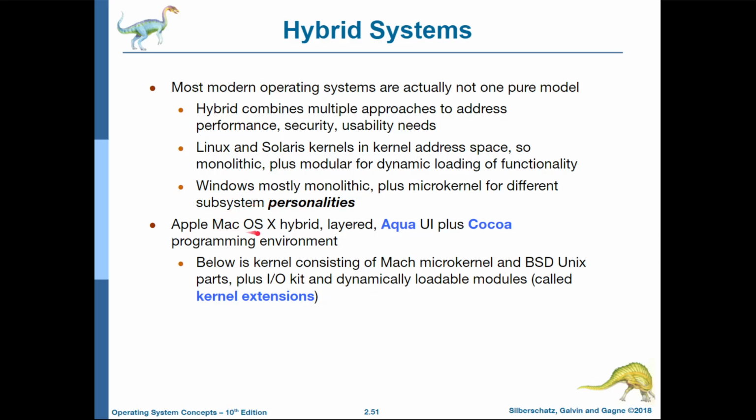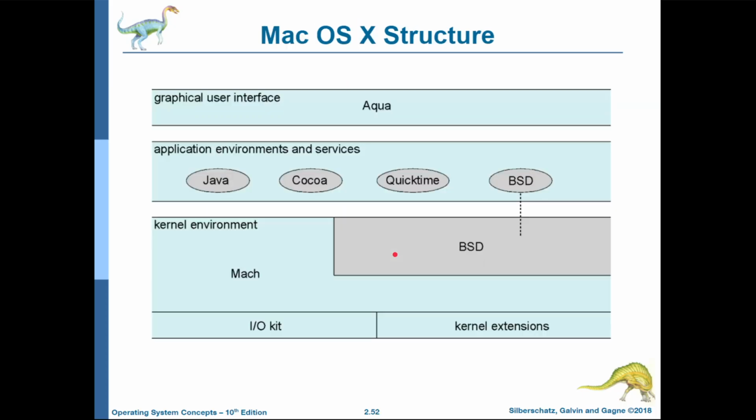OS X actually has several things built into the kernel. When it comes to the Mac OS kernel, you actually have BSD, which is an open source variant operating system.